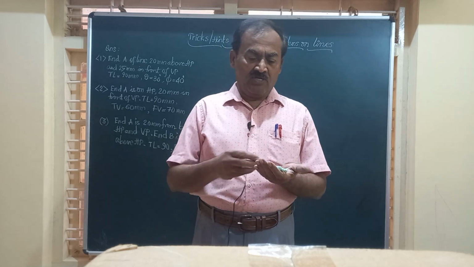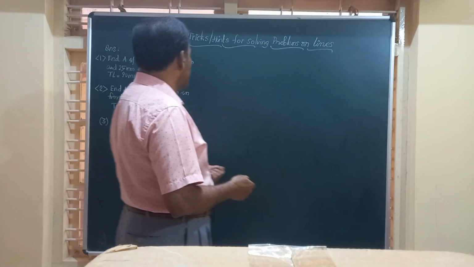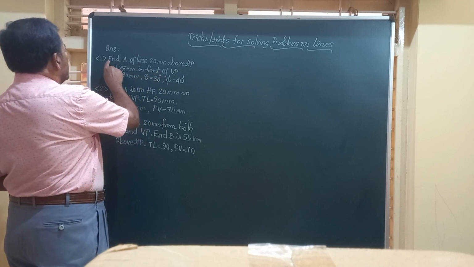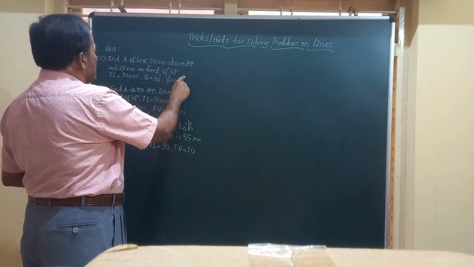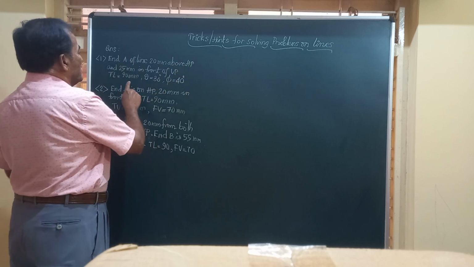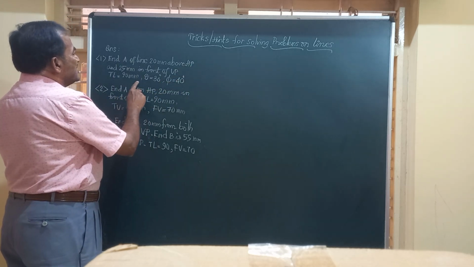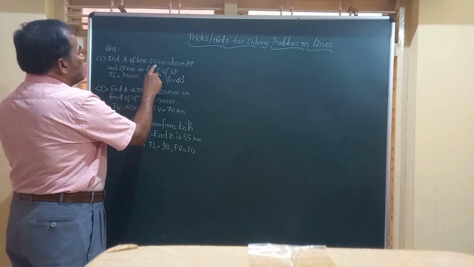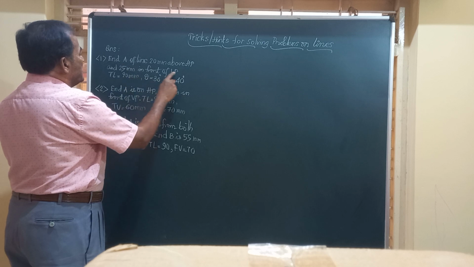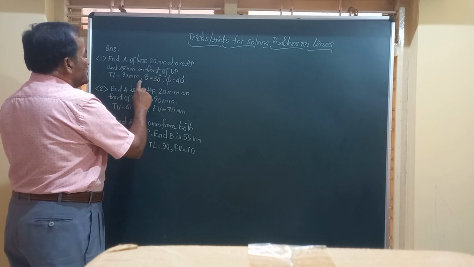So friends, to start with, let us go ahead with the first problem, and the question reads like this. There is a line of length 90 mm. I have just written the simple form. This line has its end 20 mm above HP and 25 mm in front of VP. True length is given.